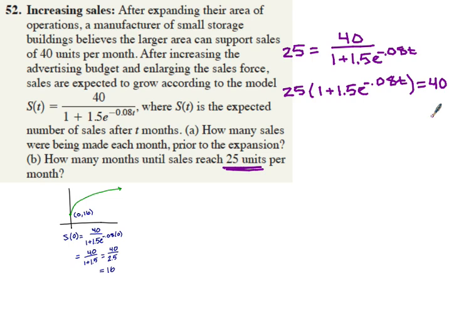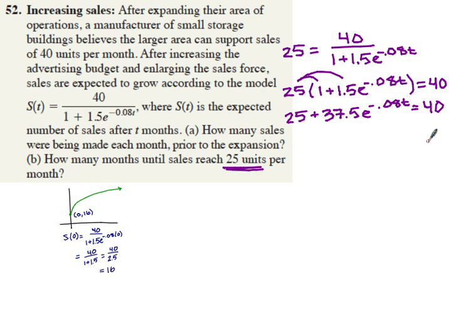I'm going to go a slightly different route, but we could divide by 25. We could distribute. So when we distribute this through, we end up with 25 plus 37.5 e to the negative 0.08t equals our 40.